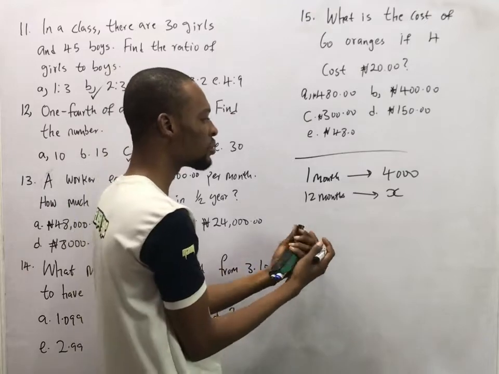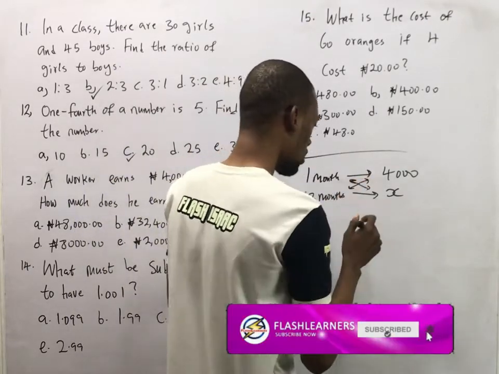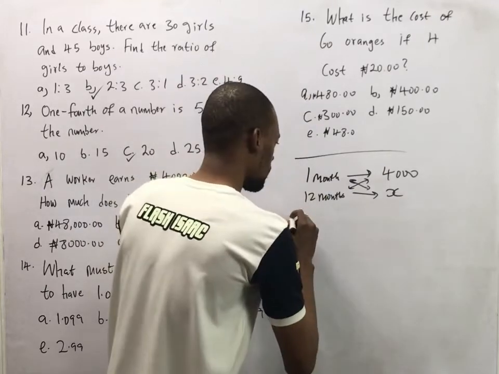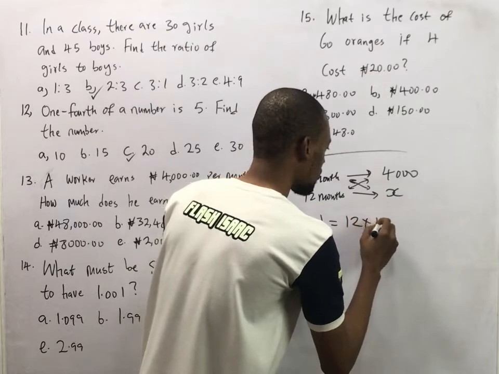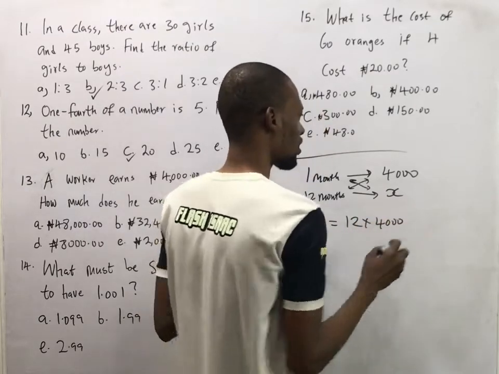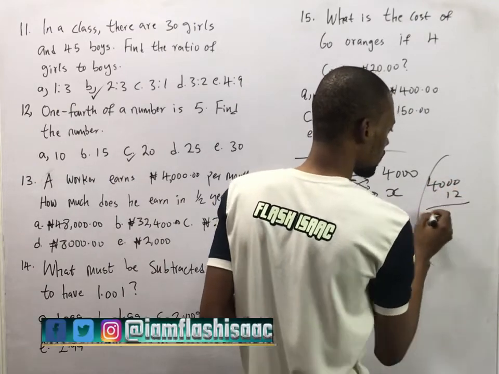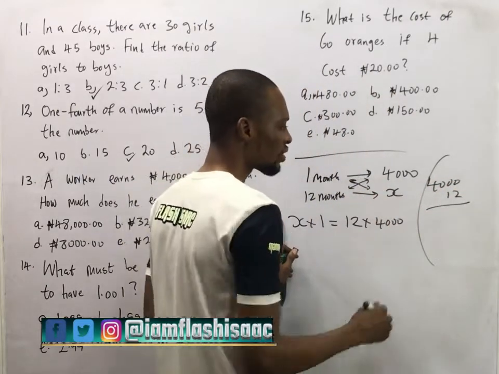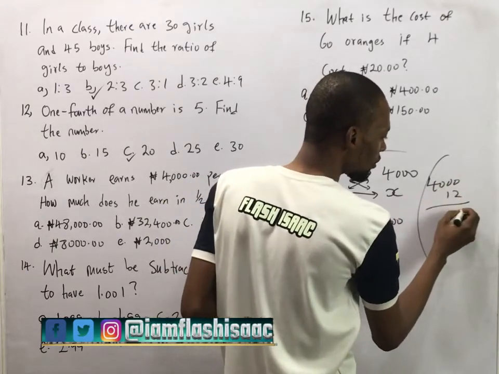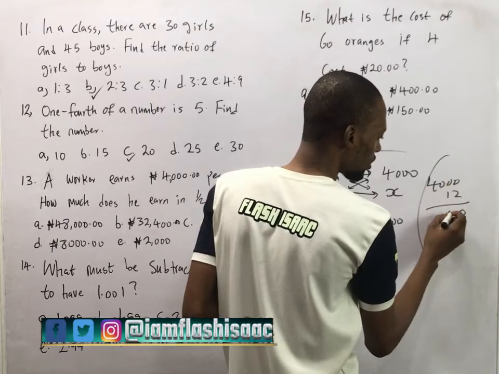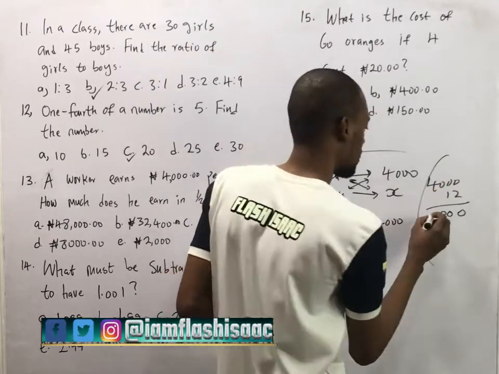And like I've been teaching you, in this type of question, when you get here, you cross multiply. So S times 1 month, S times 1 is equal to 12 times 4,000. To multiply 12 and 4,000, you simply use 2 to multiply everything. 2 times 0 is 0, 2 times 0 is 0, 2 times 0 is 0, 2 times 4 is 8.